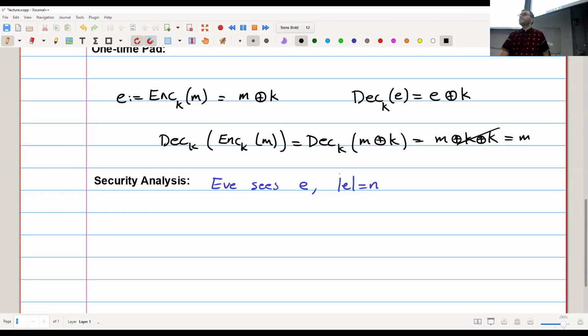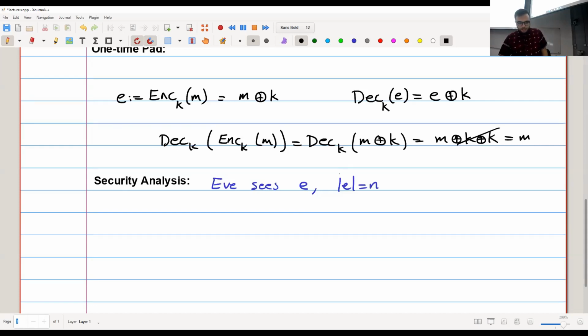I don't consider that as a leak of information. I think the length of the message is known. That's fine. But can I really distinguish between any of the 2 to the power of n possible messages of length n? No, because for every message of length n, there is a key such that if I encrypt the message using that key, I will get this encrypted message, right?